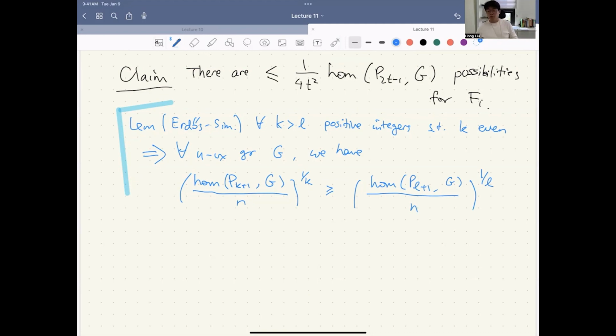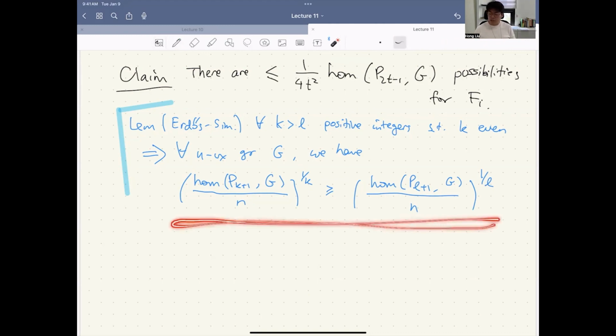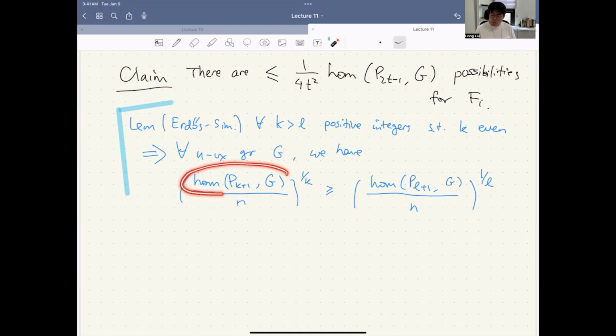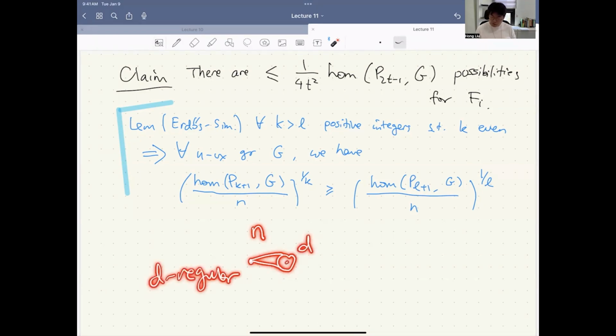One quick word on why this inequality sort of makes sense. Let's do a sanity check that these two things we can compare. Well, by Sidorenko, how many homomorphisms of P_{k plus 1} in G? You have n choices to choose the first vertex. Each step, let's say the graph is d-regular, you have d choices for the next one.